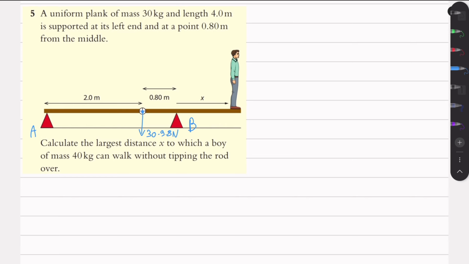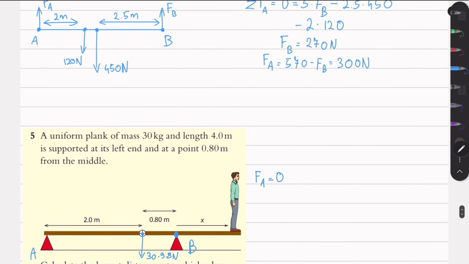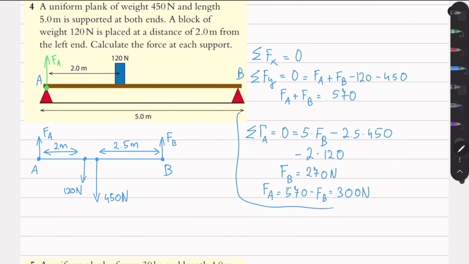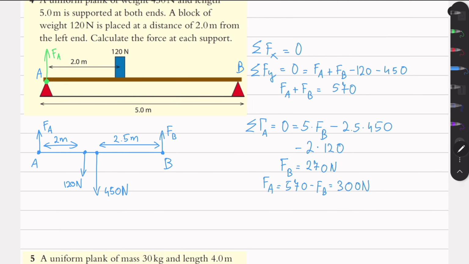And what we can do is simply write the torque equations around point B here. Because if we assume this tipping case, then FA is equal to 0. And as in the previous question as well, with one torque equation, if we choose our point correctly, we will just eliminate one of the forces.